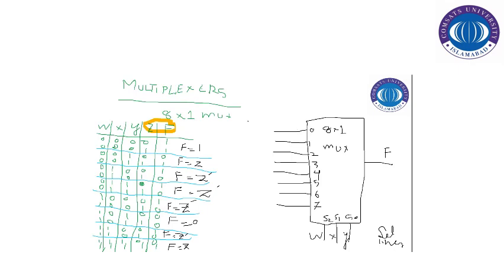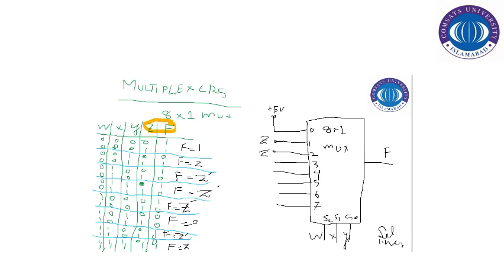So for the first one, we will connect it with plus 5 volts in order to provide logic 1. So we have to provide logic 1 here for the first pair. The second one is Z. The third is Z prime.